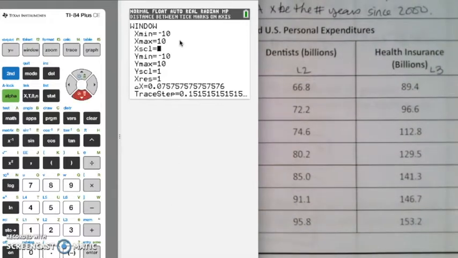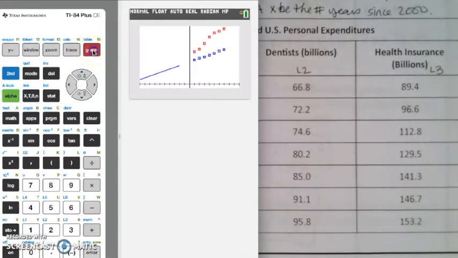So I'm going to go ahead and change the y maximum to 160, because I know I need to look at least to 153. And now I'm going to go ahead and graph it, and notice the graph, because of the way we had it set up, does both of the lines as well as the scatter plots.